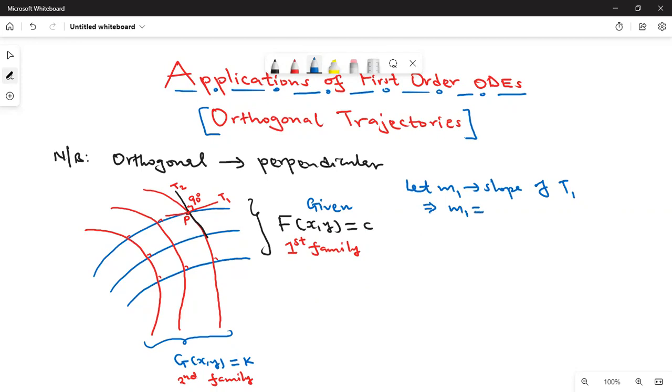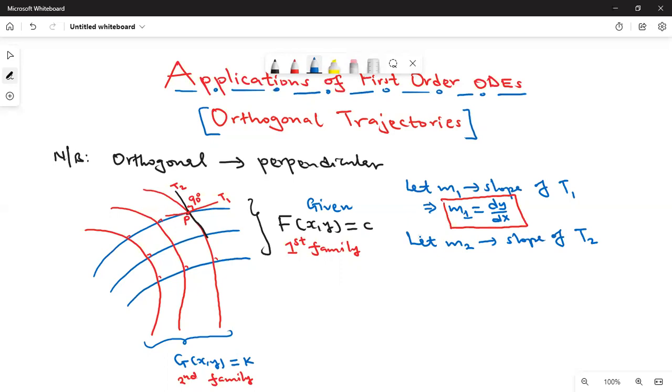M1 is equals to dy over dx. That is the slope of the tangent line T1. Also, let M2 be the slope of the tangent line T2. If you know M1 is equals to dy over dx, what about M2? I'll tell you how to get them.